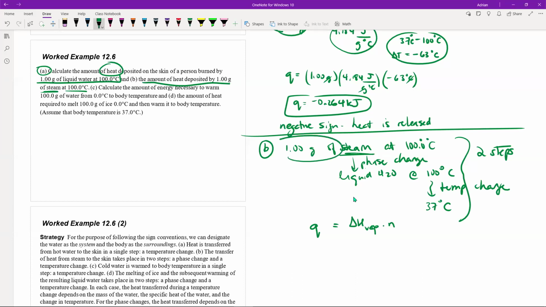So we have 1 gram, we convert that to moles, so 1.00 grams of H2O. 1 mole of water is 18.02 grams, so the grams go away.